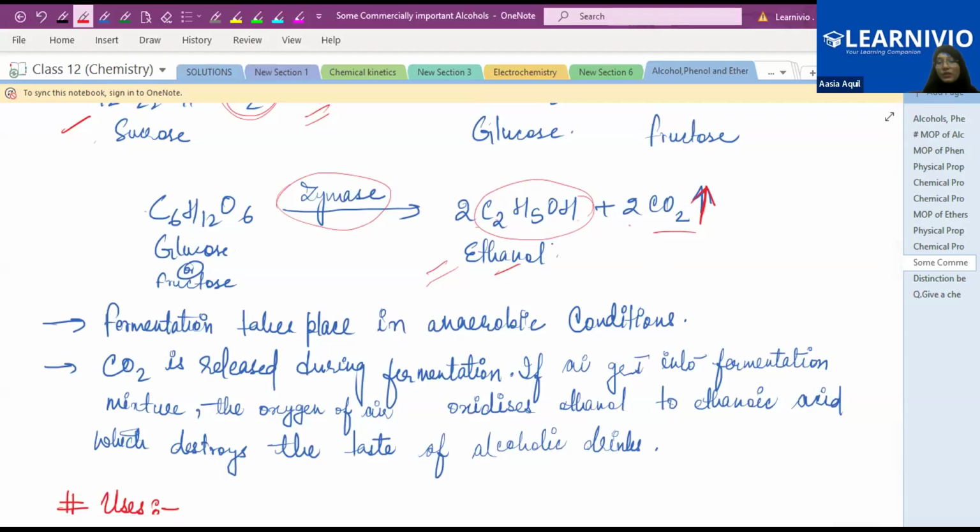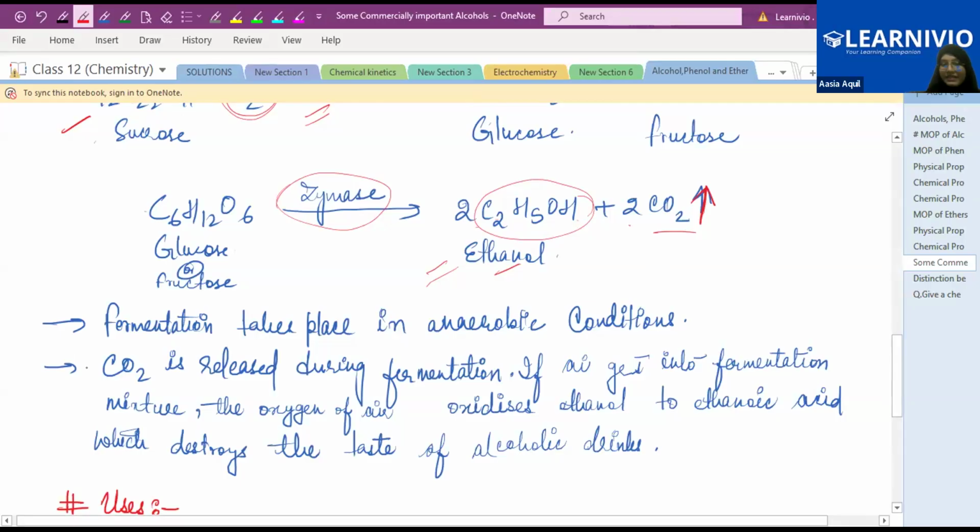Due to the formation of ethanoic acid, the taste of the alcoholic drink will become worse, very destroyed. That's why we do the fermentation process in anaerobic condition.